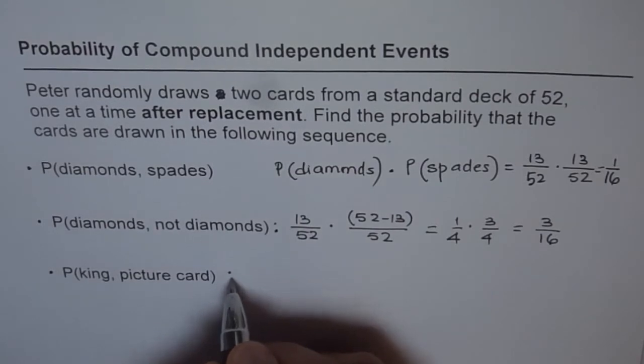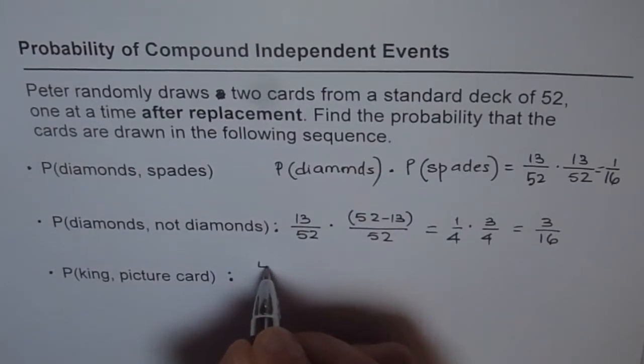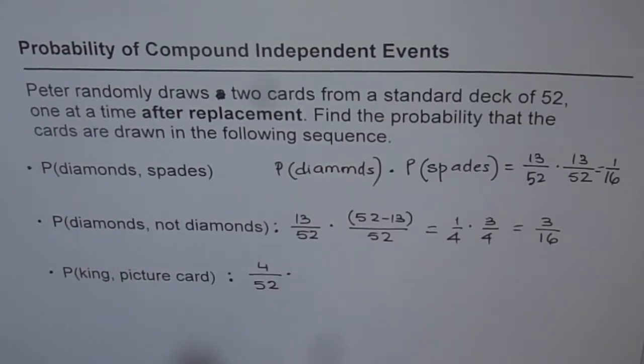Now here the third one is probability of getting a king in the first place. So what is the probability of getting a king? There are 4 kings in a deck of 52 cards. So it is 4 over 52 times, when the card is replaced, you again have 52 cards, a picture card. Now the 3 picture cards are Jack, Queen and King, right?